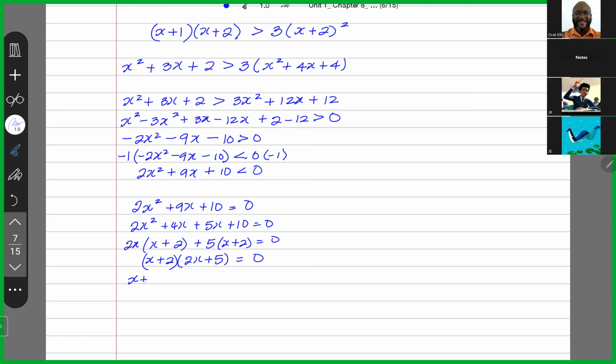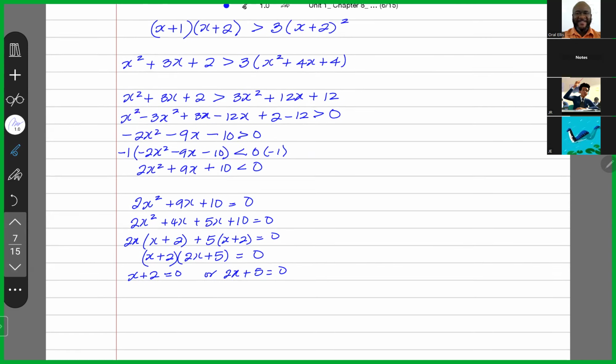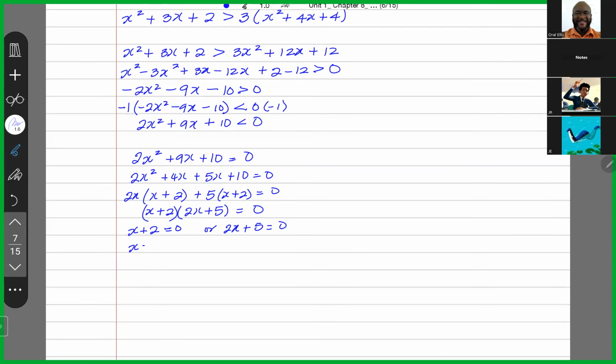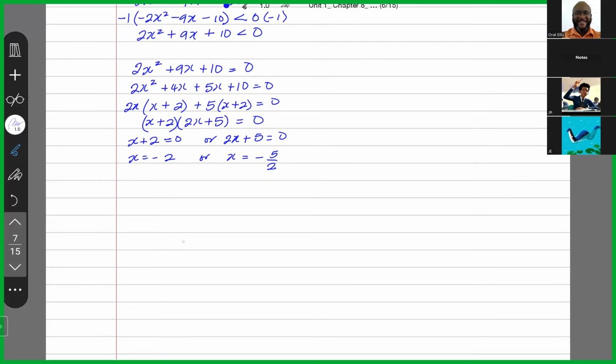So x plus 2 is equal to 0, or 2x plus 5 is equal to 0. So x is equal to minus 2, or x is equal to minus 5 over 2 are our critical values. Now, if I draw a sketch of this graph, it's a positive x squared graph, so it ends up something like this.